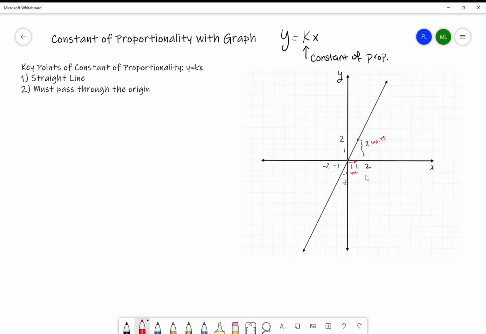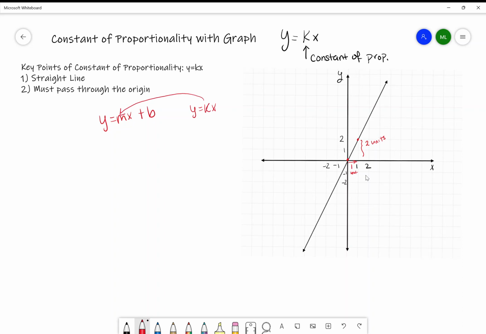Because the constant of proportionality basically takes on the shape of the equation of a line, y equals mx plus b, when you're trying to find y equals k times x, isn't k just the same thing as m?